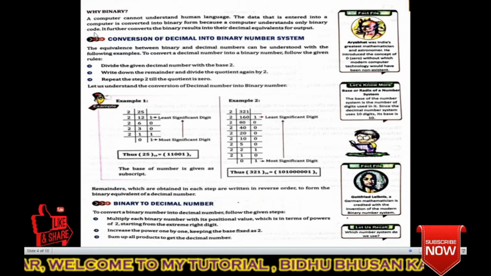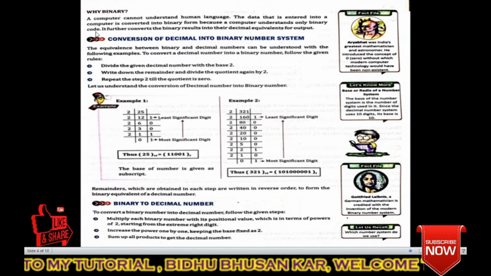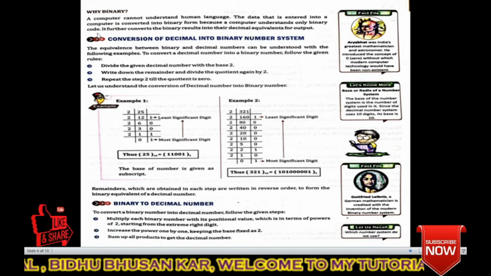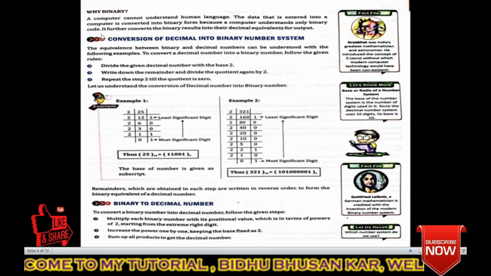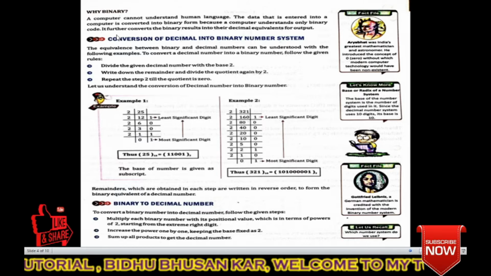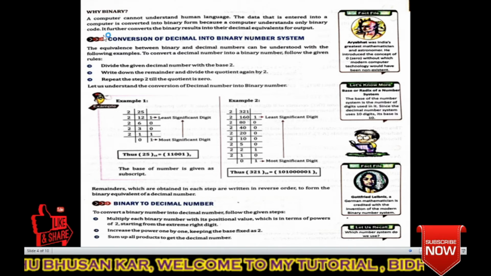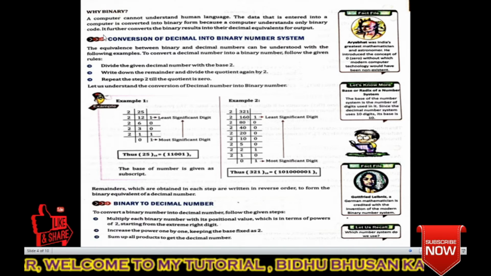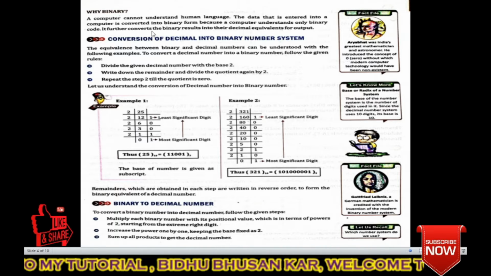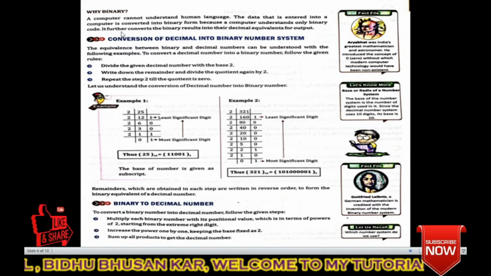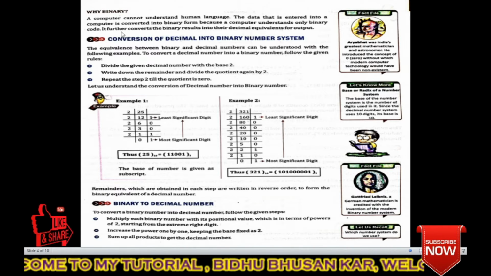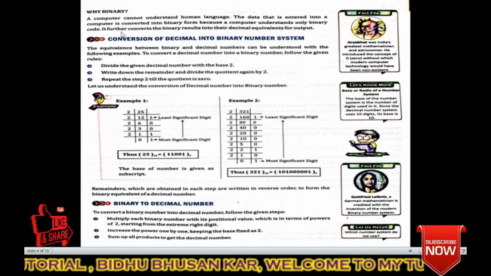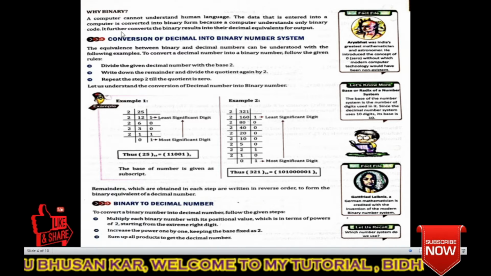Suppose you enter Darshan Academy. The computer will not recognize that, so these words are converted into binary form. Then the computer is able to understand. You don't need to bother about it. You do not need to convert all these things; the computer automatically converts each and everything into binary form.